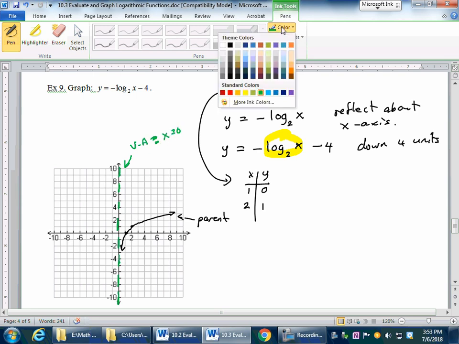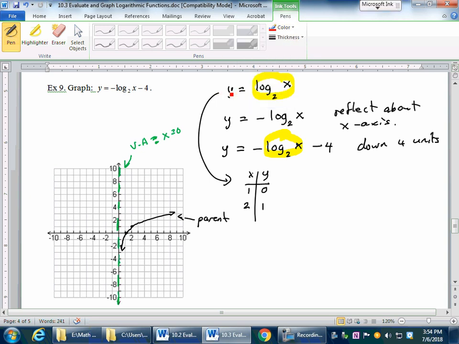Now let's do the transformation. Let's talk about this point. When you reflect about the x-axis, this point doesn't move anywhere. After that, when you shift down 4 units, this point is going to go down 1, 2, 3, 4, which ended up right here.